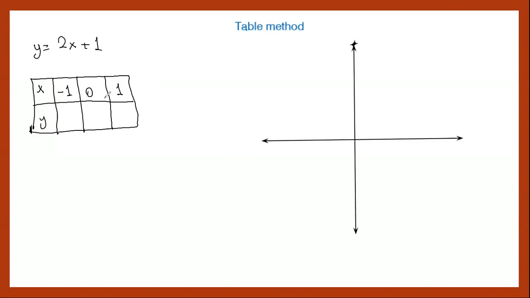Why am I saying so? Because in the negative numbers, you will know the direction, whether the graph is going to pass on the negative side or not. And for 0, you are going to know if the graph is going to pass through the origin or not. Remember, this is the origin, (0, 0). For 0 and positive, the same thing.